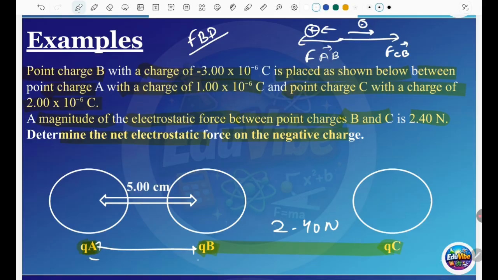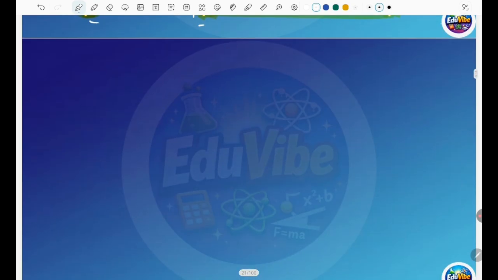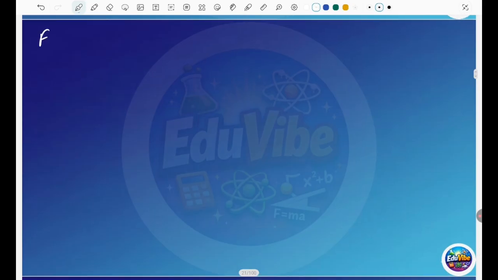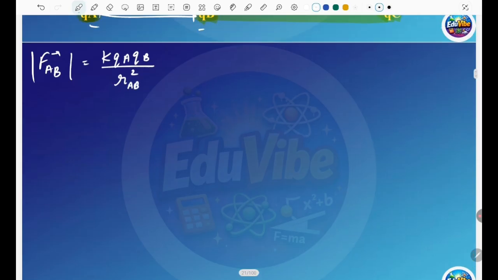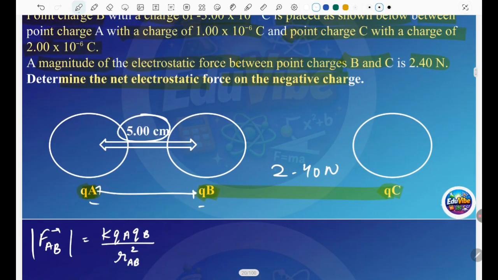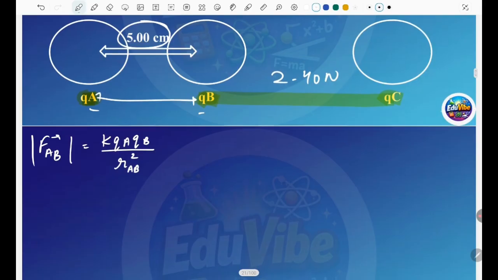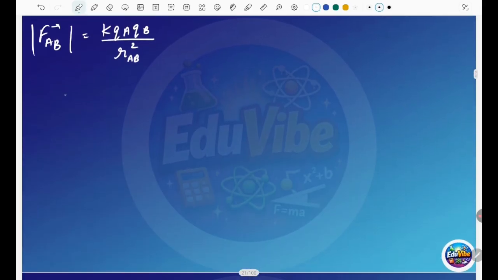First we have to find the force from charge A to B. For the force from A to B, we know the formula is k QA QB over r squared, where r is the distance between A and B, which is already given as 5.00 centimeters.